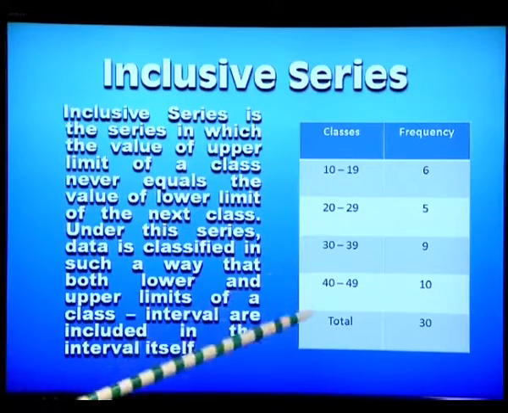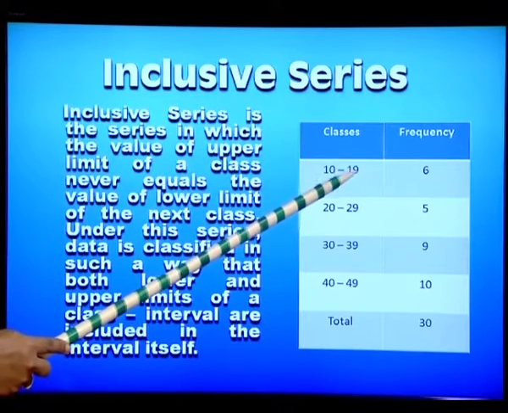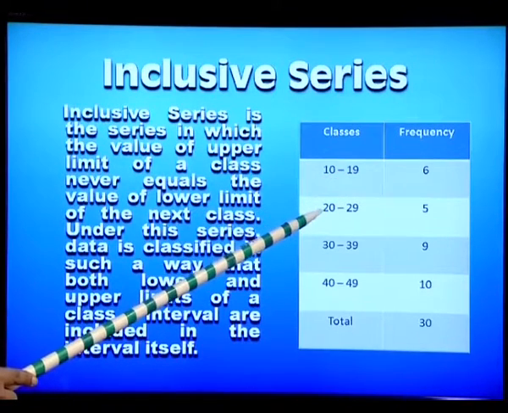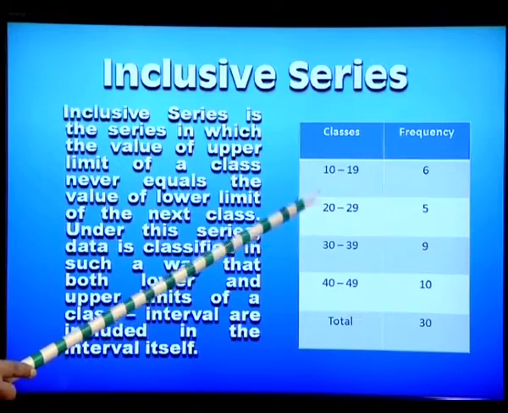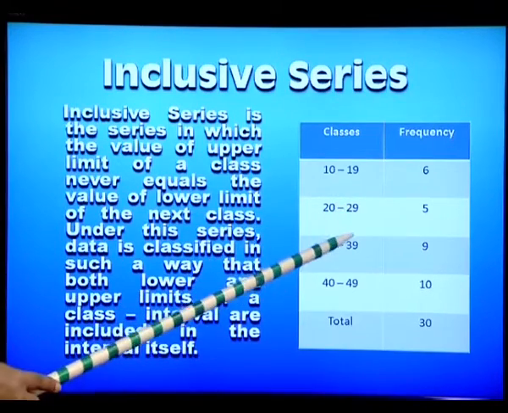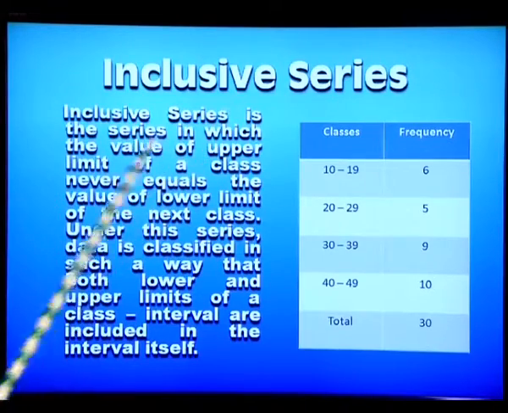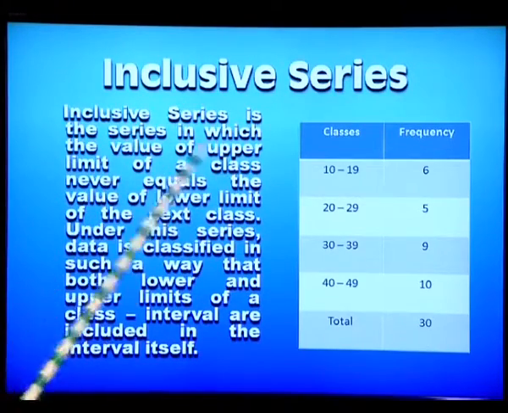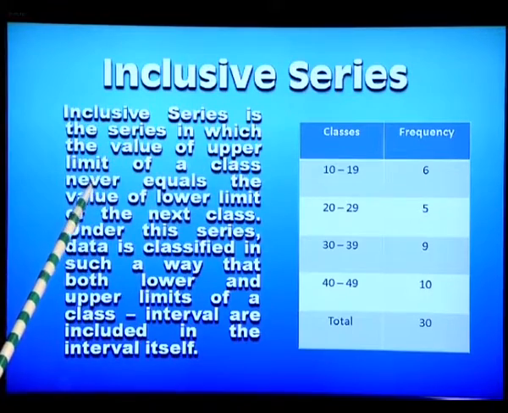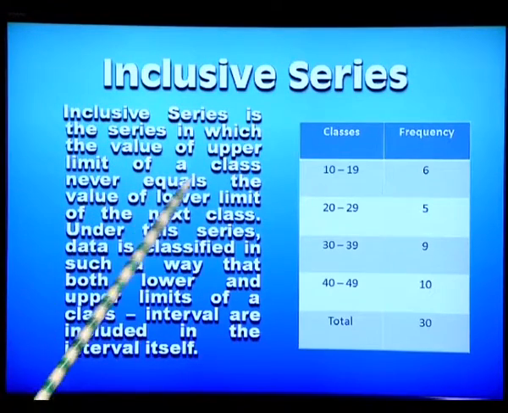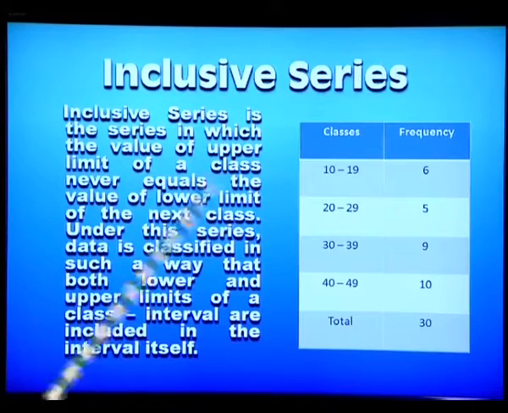In an inclusive series, as we can see, the upper limit of a class is not continuing as the lower limit of the next class. There is a gap. So, an inclusive series is the series in which the value of the upper limit of a class never equals the value of the lower limit of the next class.